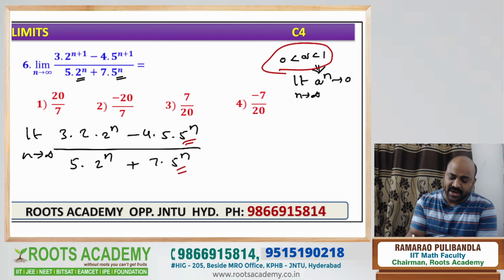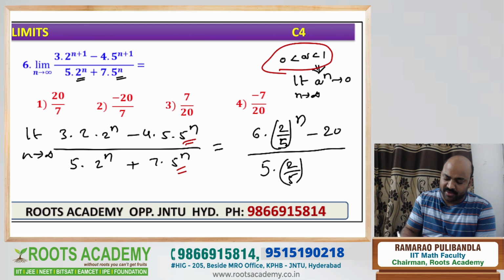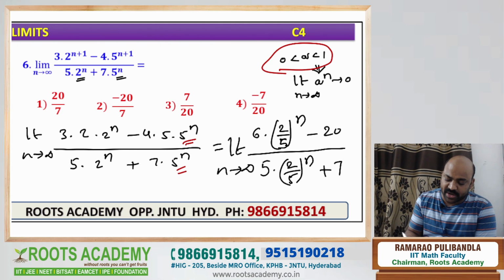So when I divide by 5 power n, my terms will become 6 into 2 by 5 whole power n minus 20, by 5 into 2 by 5 whole power n plus 7, with limit n tends to infinity. Can you quickly give me the answer?